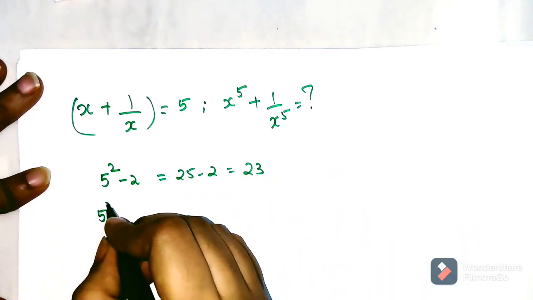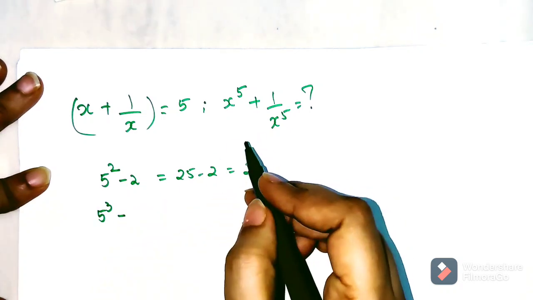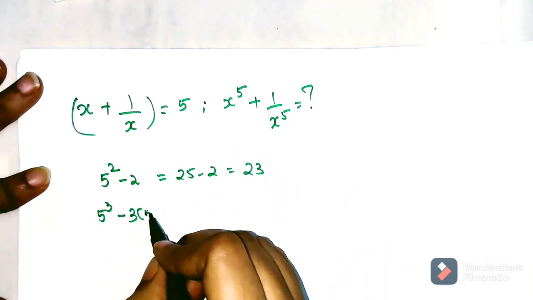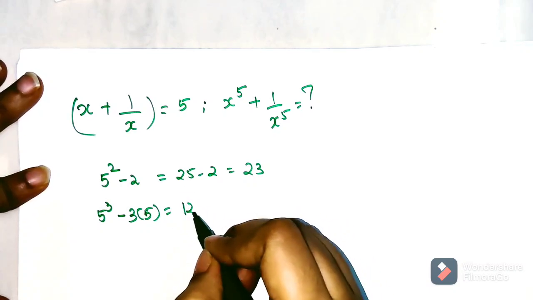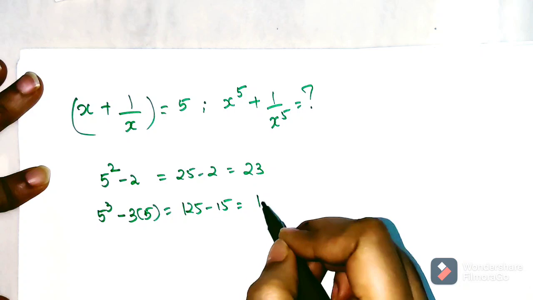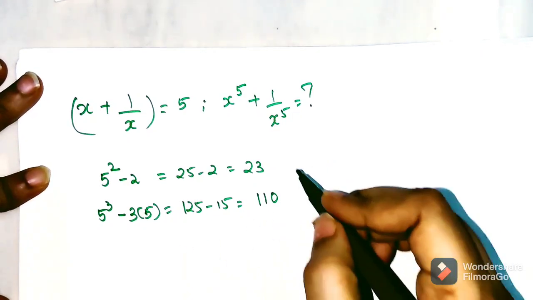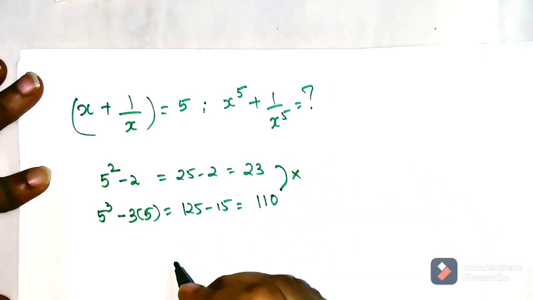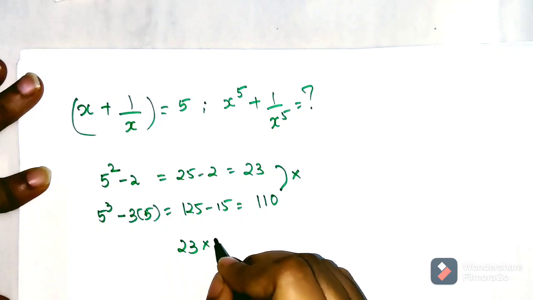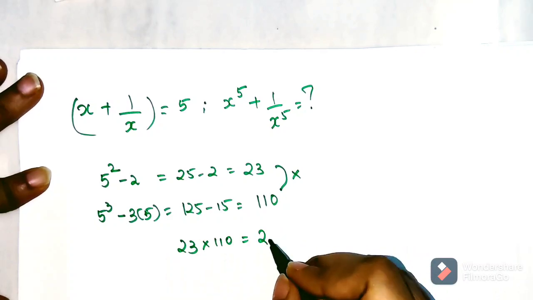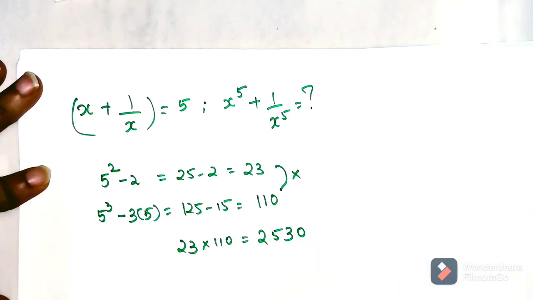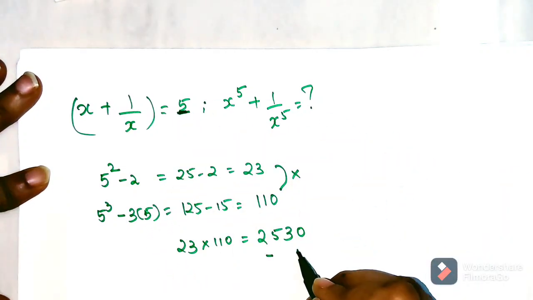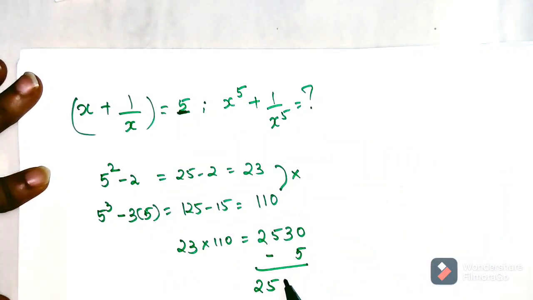And 5 cube minus 3 into 5, so basically we are getting 125 minus 15, which is coming out to be 110. Now we are going to multiply these two. So 23 into 110 will get you 2530. And my final answer, we are going to subtract the value given over here, which is 5. So my final answer will be 2525.